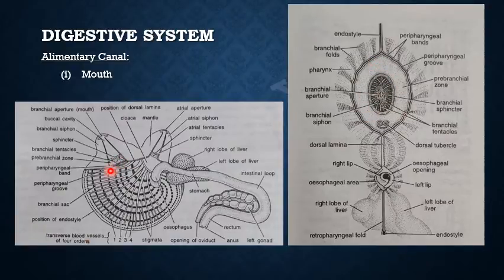This is the branchial aperture, this is the endostyle, and this is the dorsal lamina. So the branchial aperture is in between the dorsal lamina and the endostyle.